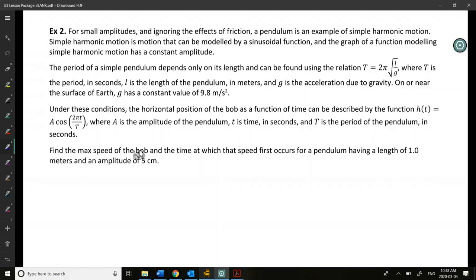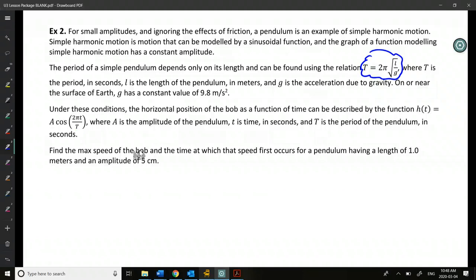Under these conditions, the horizontal position of the bob as a function of time can be described by the function h at t equals A, where A is the amplitude, times the cos of 2 pi times little t, which is time in seconds, over big T, which is this. So you have to put that into the function.